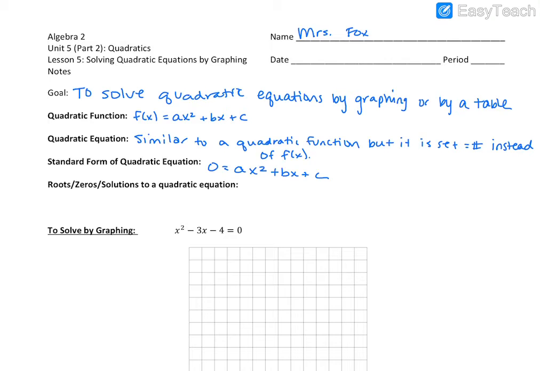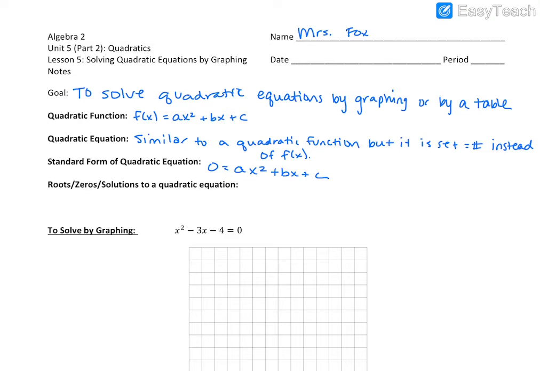The roots, zeros, and solutions to a quadratic equation, all of those terms are going to be used interchangeably. You'll want to make sure you recognize each of those, because if something's asking for a root or something's asking for a 0, you want to make sure you understand what you're looking for.